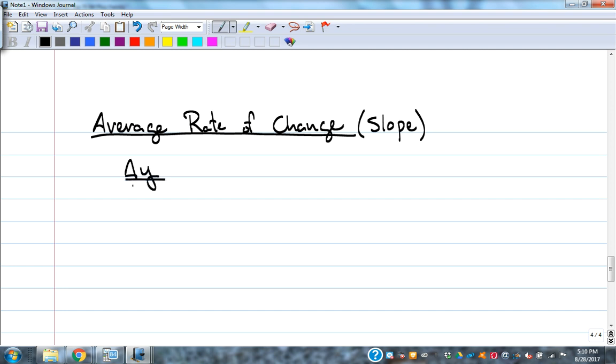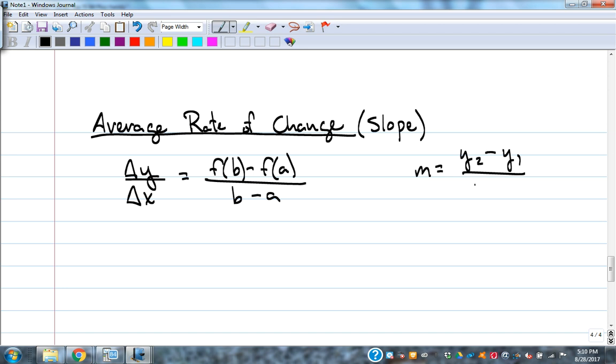It's change in Y over change in X. The formula in a college algebra book looks like this. In Algebra 1 or 7th grade math, it looks like this: M equals Y2 minus Y1 over X2 minus X1.